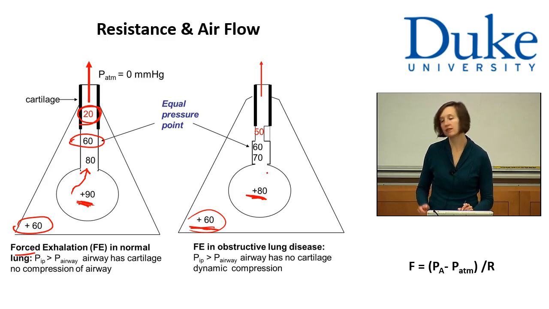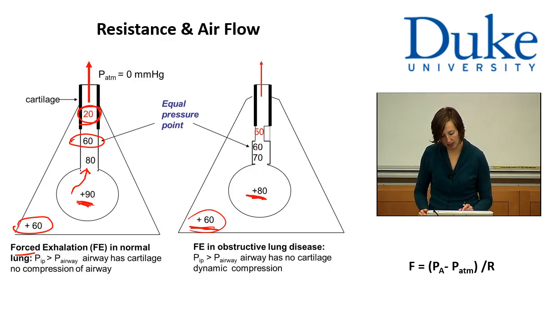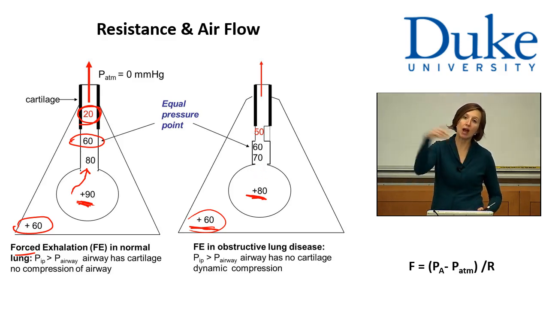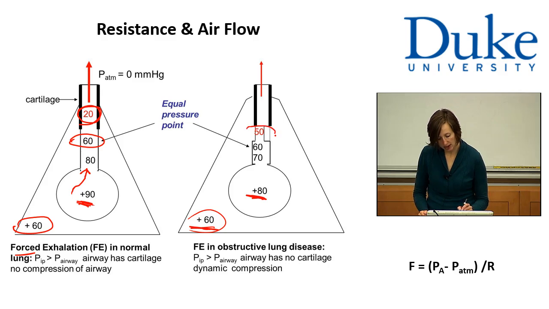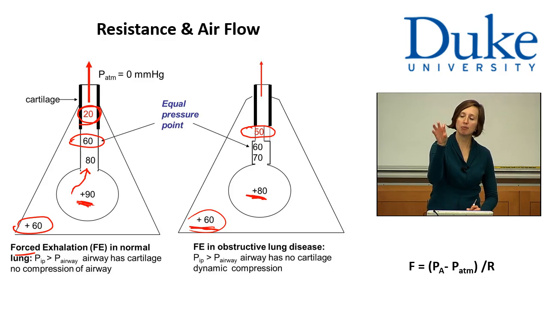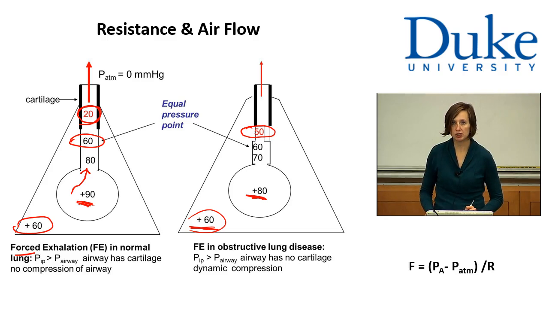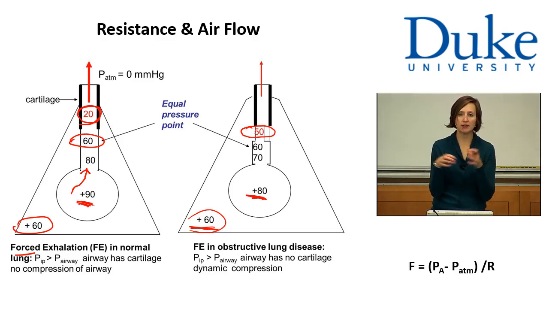And then we often are going to also have an increased resistance in the airways, so that we can also have a more rapid drop in pressure. And so in this case, what we're seeing is we have this spot right here where we've got a pressure inside the airway that's less than the intrapleural pressure. And it happens to be in a portion of the system that doesn't have cartilage. And so what that means is we're going to have compression at that spot, if not collapse.